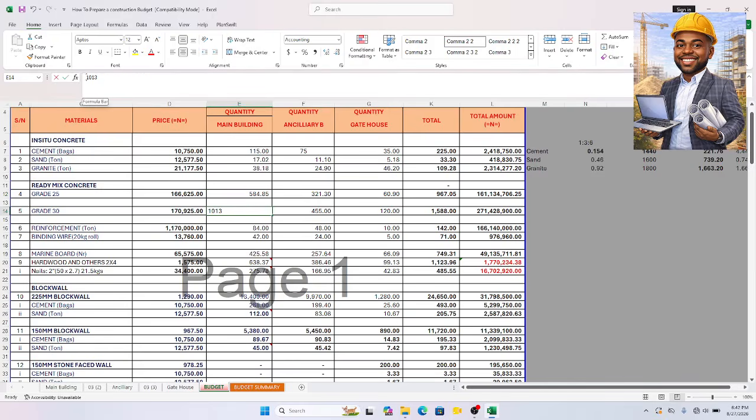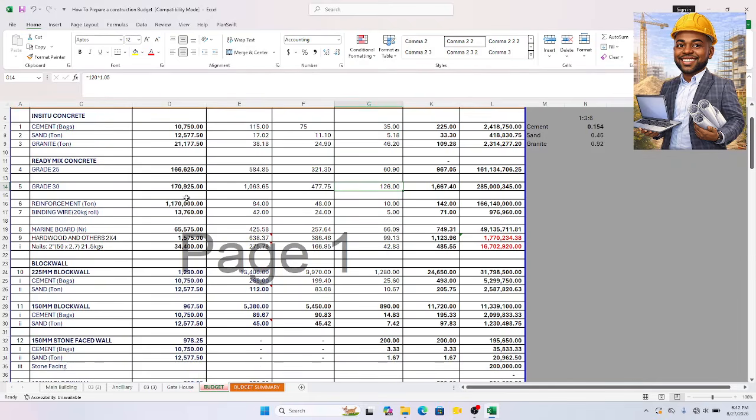For grade 30 times 1.05, I just added waste. 1.05, 1.05, 1.05. Okay, let's come over to reinforcement.